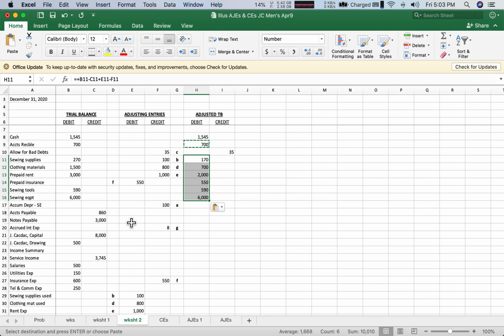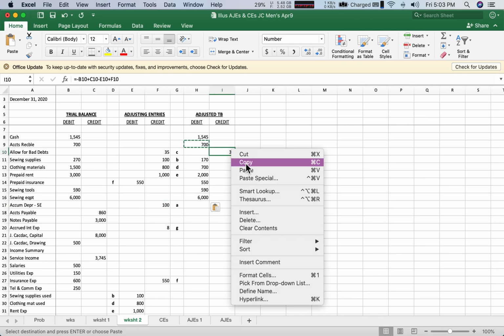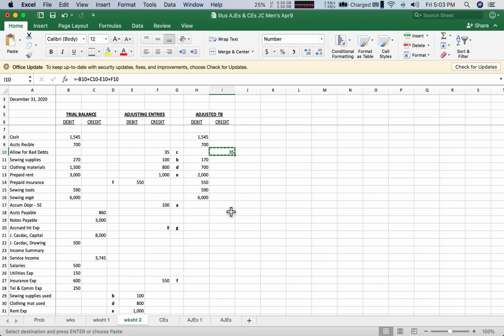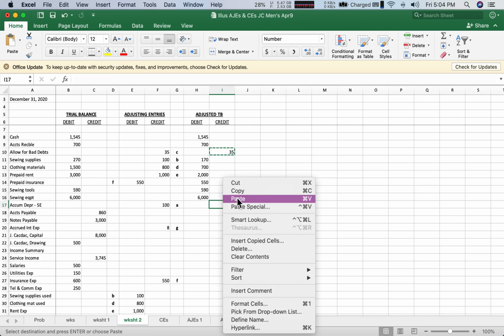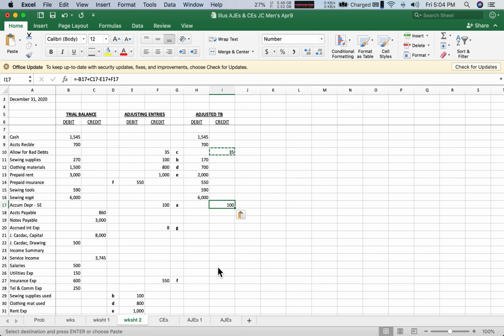Then this one is a credit balance, so the formula is the same as this. You just copy that, and paste.